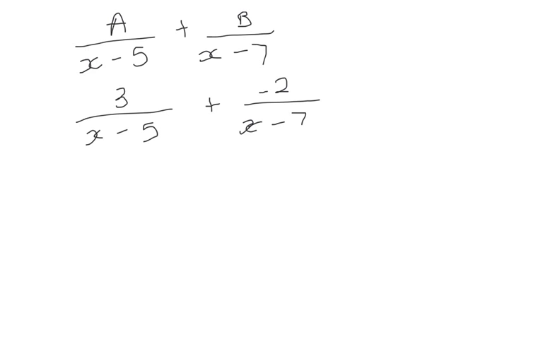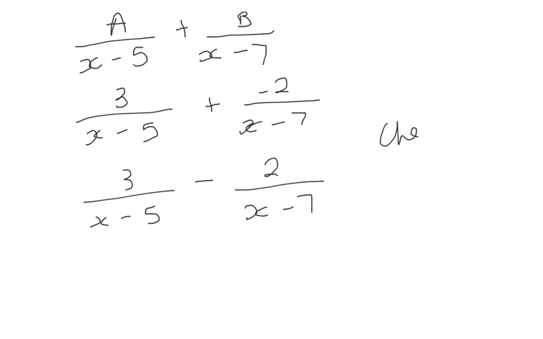So we can write it like this, or more sensibly, we put 3 over (x − 5), and change this positive to a negative: 2 over (x − 7). And again, if you're not sure if this is correct, just multiply it until you get a whole fraction with (x − 5)(x − 7) on the denominator to check. So you check it by putting it back with this denominator.